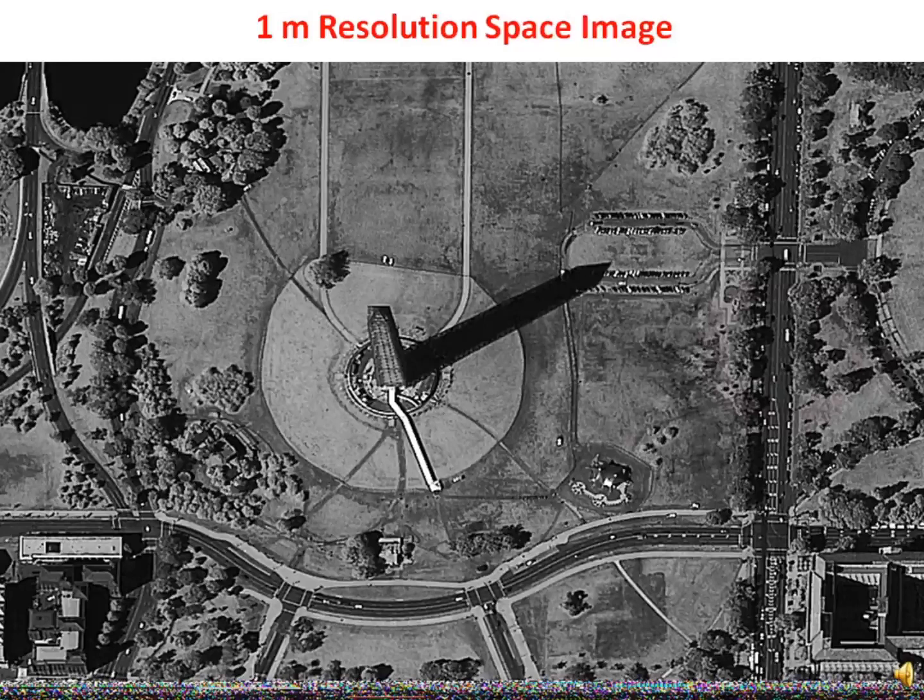This is a 1 meter resolution space image showing different features like roads, vehicles, trees, tower with its shade, etc. These types of high resolution satellite images are used as input in GIS mapping, especially in urban areas.